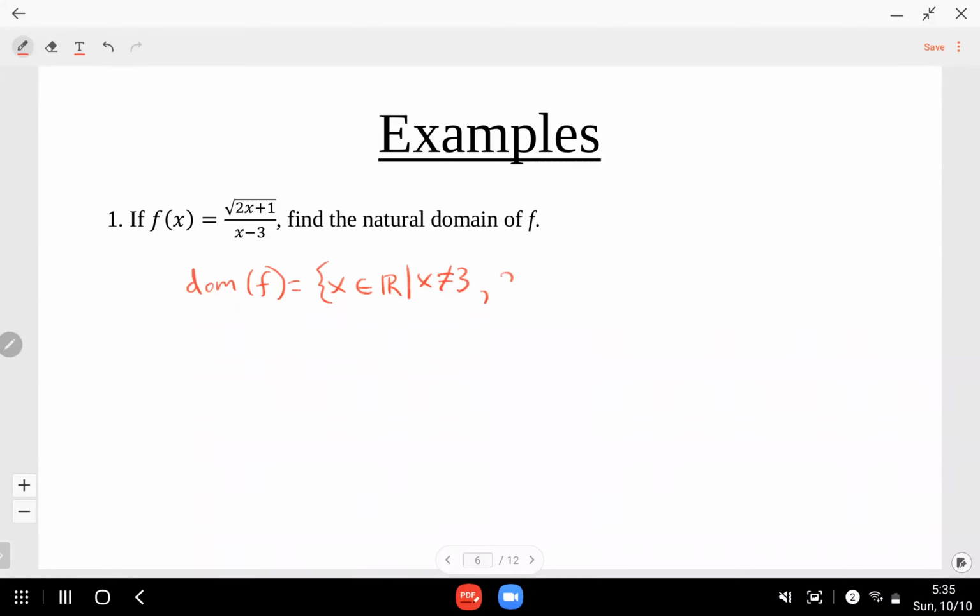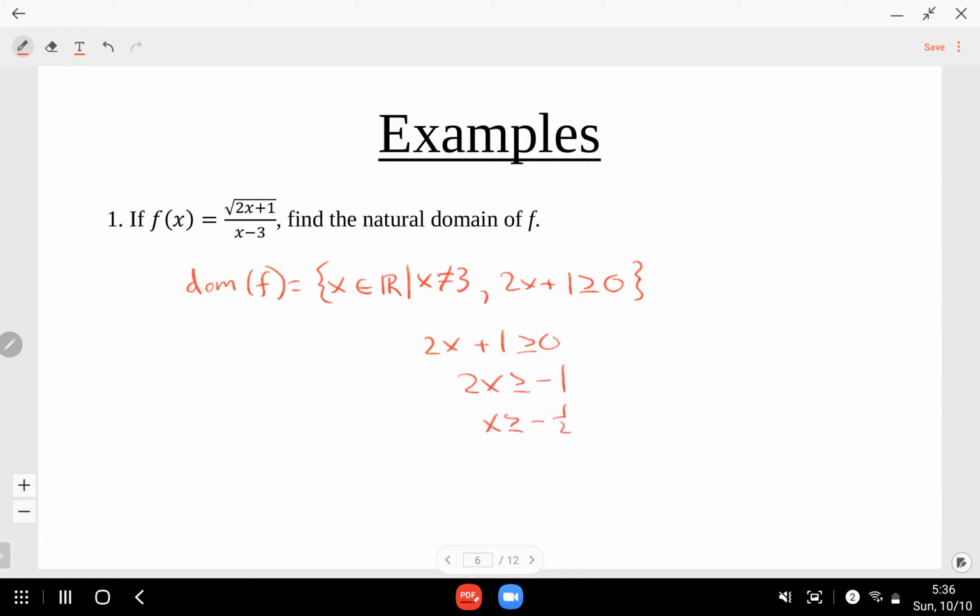All right, and 2x plus 1 is greater than or equal to 0. So what do you need to do here? You need to solve this and find an interval. So 2x plus 1 is greater than or equal to 0. This is a very easy inequality.